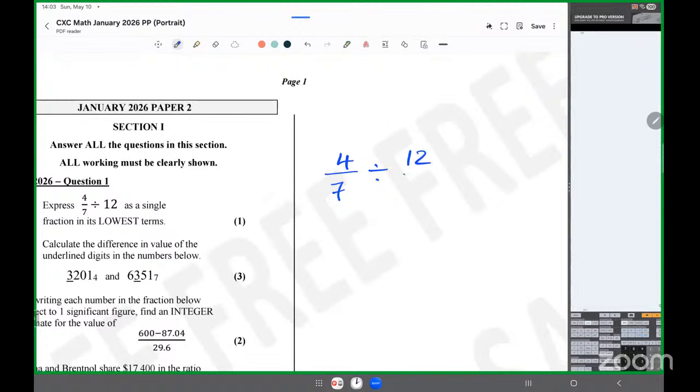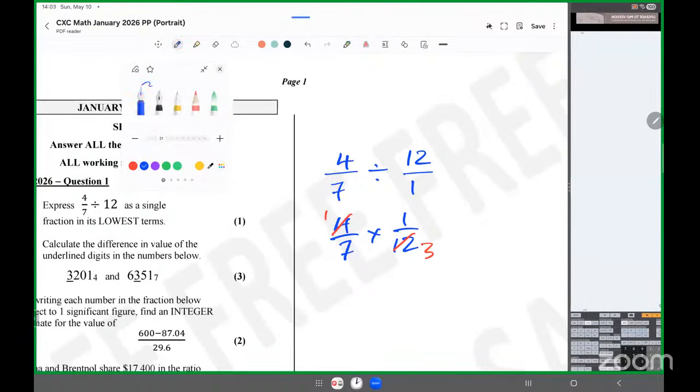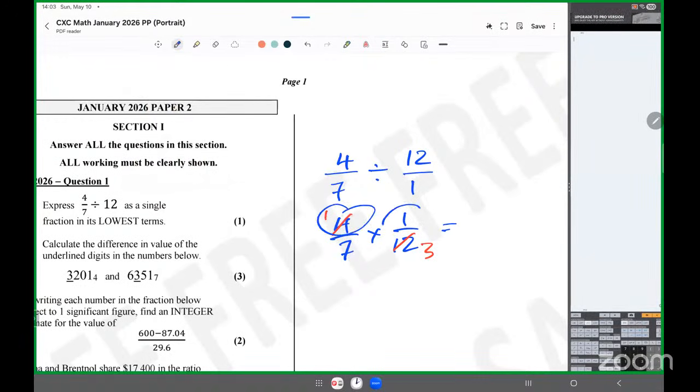Or 12 is the same as 12/1. So dividing by 12/1 is to multiply by 1/12. So it becomes 4/7 times 1/12. I invert and multiply. So this can be simplified. 4 into this goes 1 time, 4 into this goes 3 times. So it works out to 1 times 1 is 1, and 7 times 3 is 21.